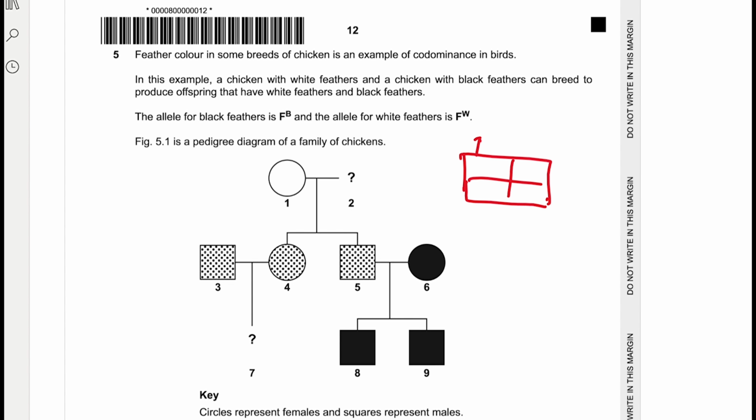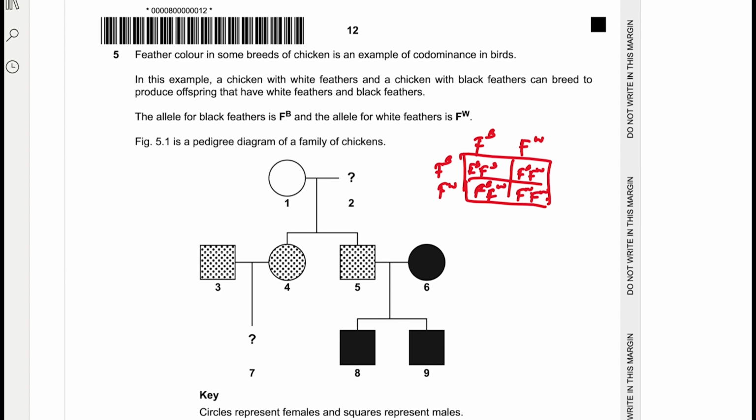We have black, white, and here we have black, white. What will the options be? To be black with black, we will get black and white here. We'll get again black and white here, and then we'll get white. So the possible genotypes of chicken 7 can be black and white, or can be white.